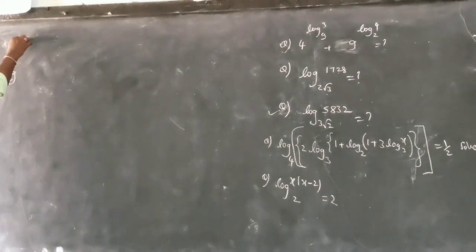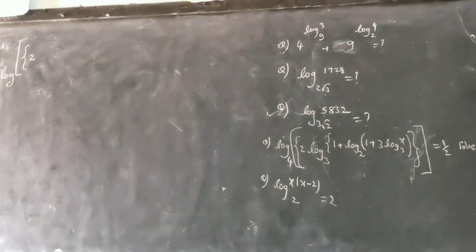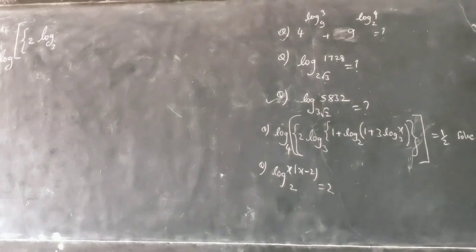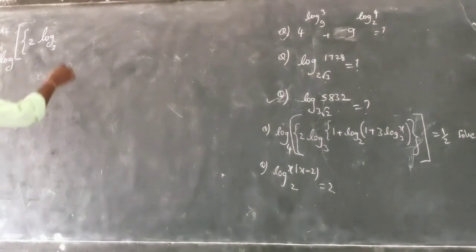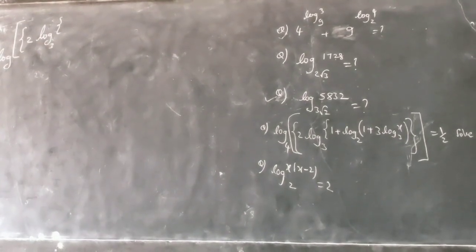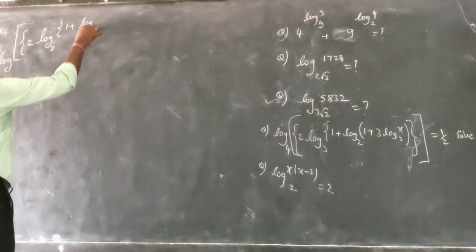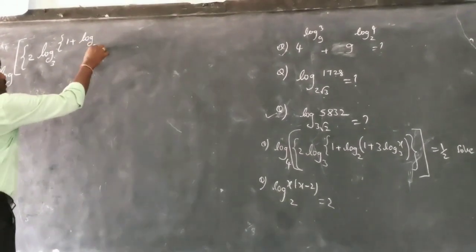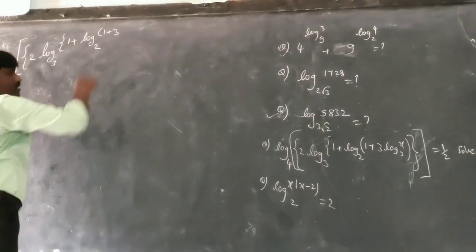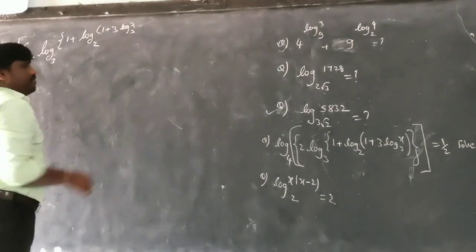This is expressed in log. Okay, this is expressed in log: log base 3 in flower bracket, 1 plus log base 2, here is 1 plus 3 log x with the base 3.